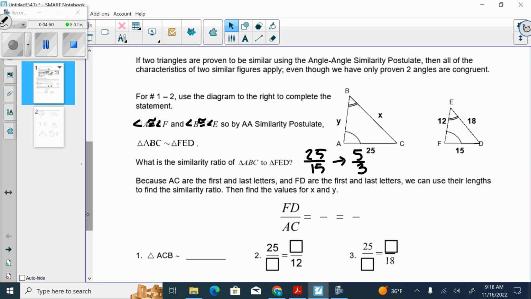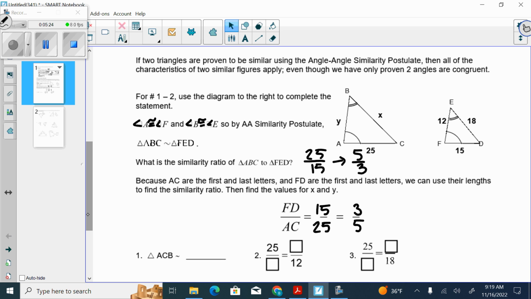So of the two numbers we picked, 15 and 25, which one belongs to the triangle with FD? 15. So the 15 over 25 was the piece that went with it, and that does belong to the triangle with side AC. All right, so then I just need to fill in the simplification, which we already said was 5 over 3 up here. Well, if it's flipped over, it would be right. And that is something you can use in all of your proportions.